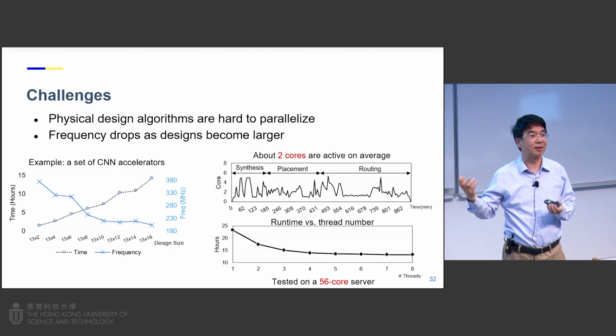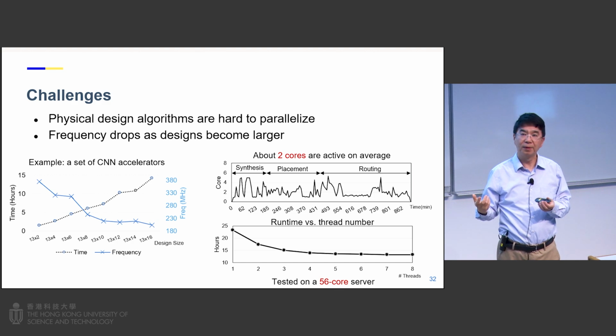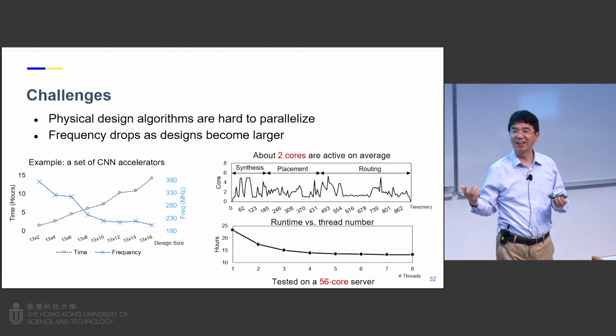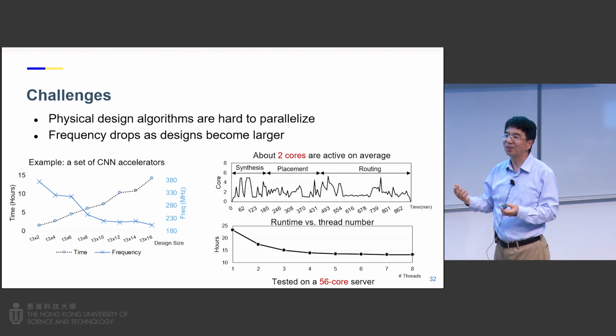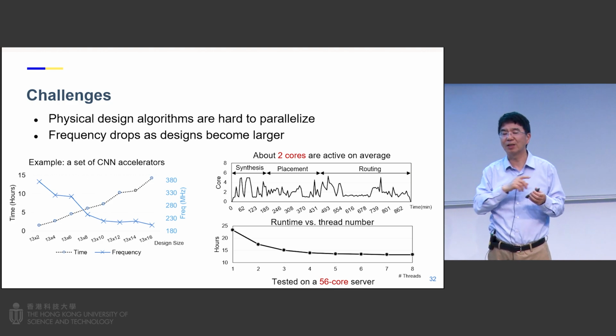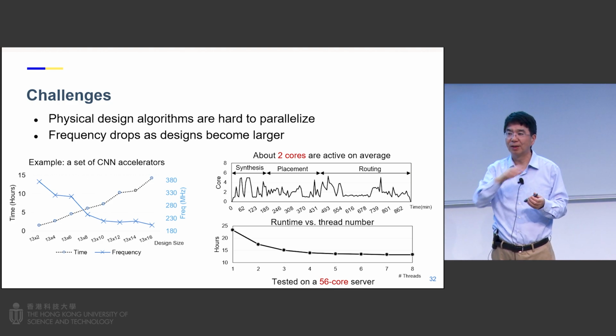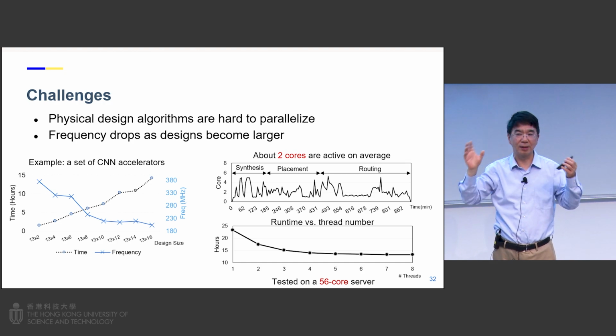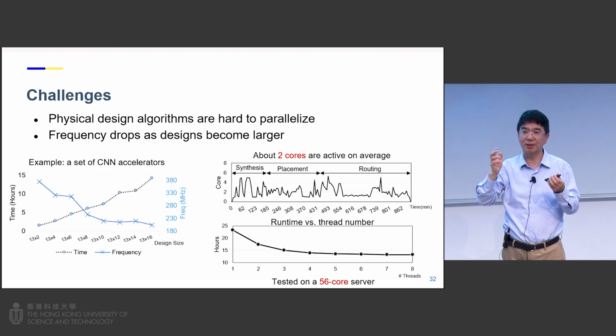Why can't we parallelize? Is it easy to parallelize placement? Is it easy or difficult? It's hard, because otherwise this would not be a problem. The problem is hard just because timing is a global problem. So you can take your circuit and divide it by 4 by 4, that being 16 pieces, right?